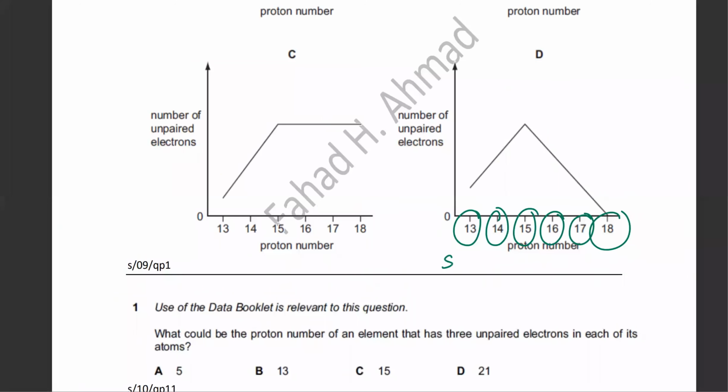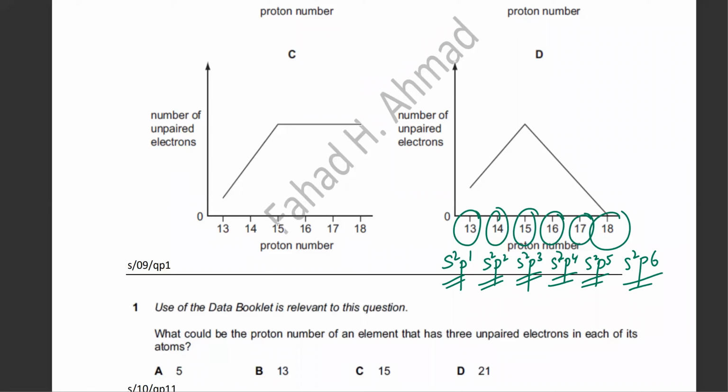So 13 would have an electronic configuration of s2p1, 14 would have s2p2, 15 would have s2p3, then s2p4, s2p5, and s2p6. So I've figured out all the electronic configurations, 13 to 18.